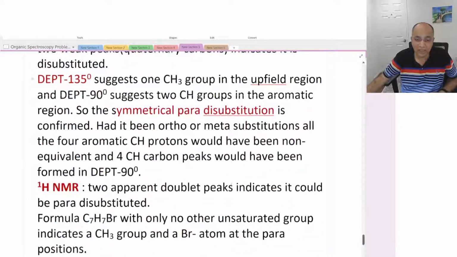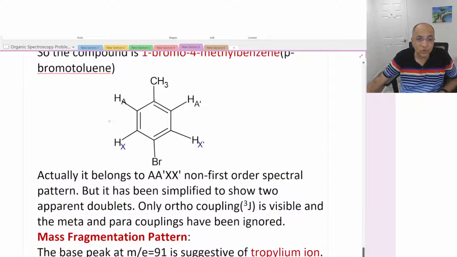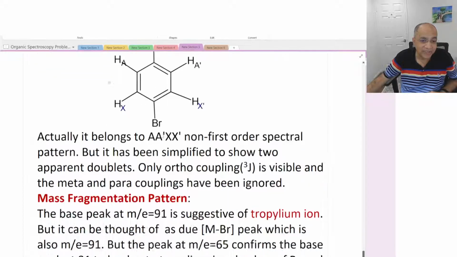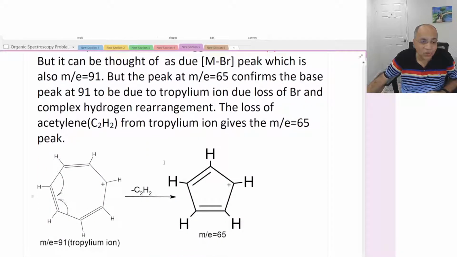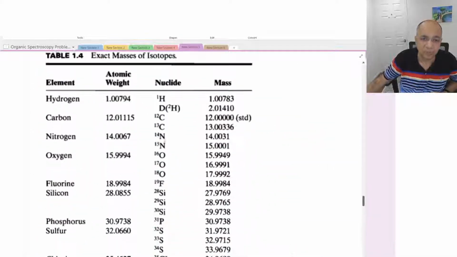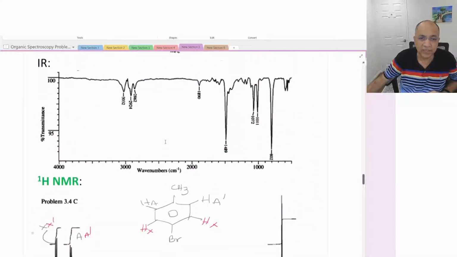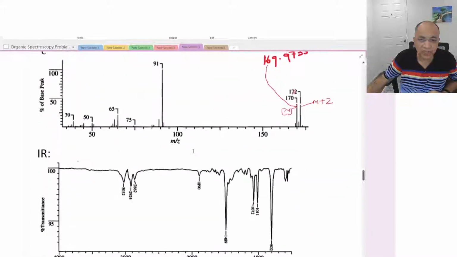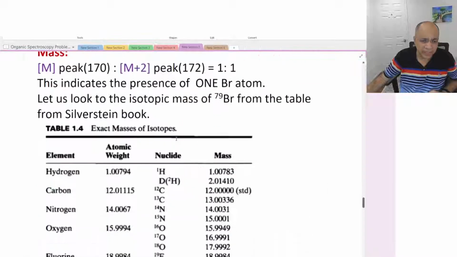These are the quaternary, no proton attached to this carbon, right? So we come to the close, and the interesting point here is the tropylium ion peak in the mass spectral data. You get an intense peak at 91. 91 means a tropylium ion, and 65 is its sister, the loss of acetylene.